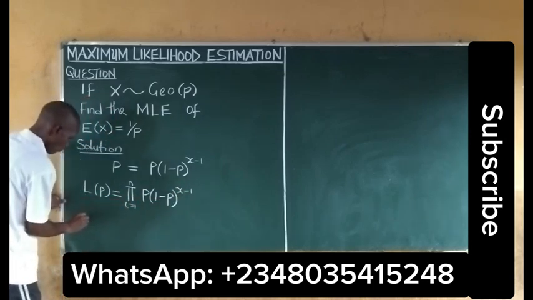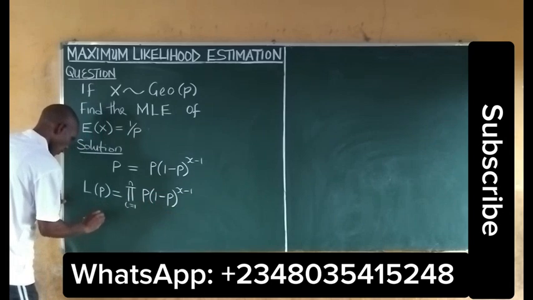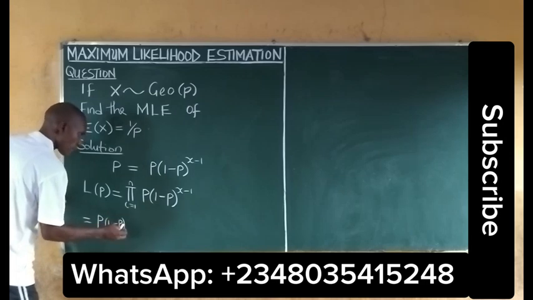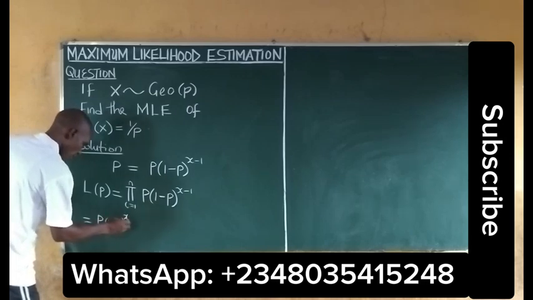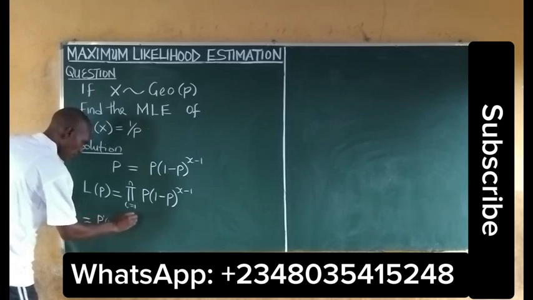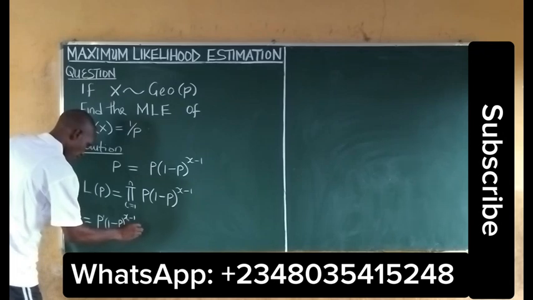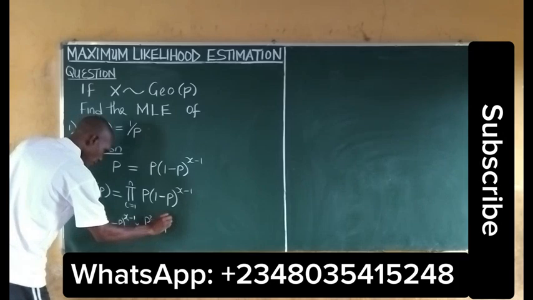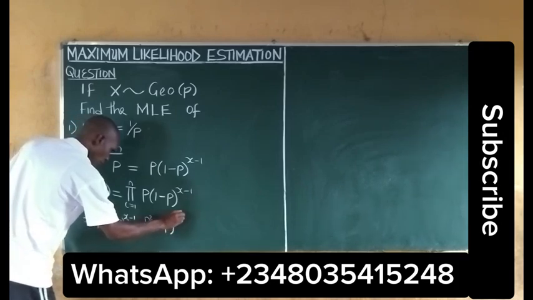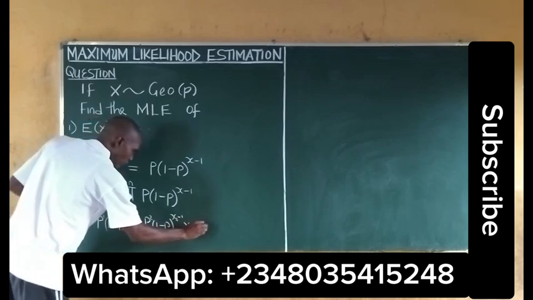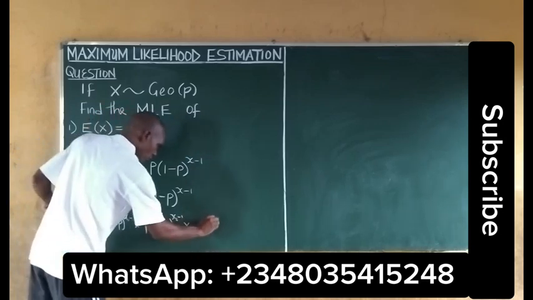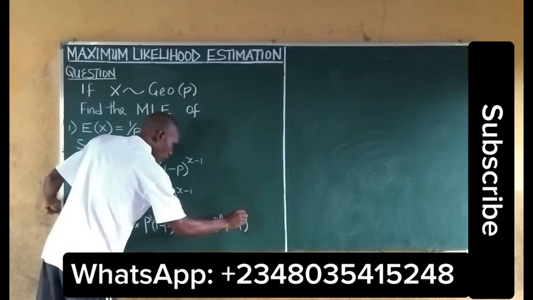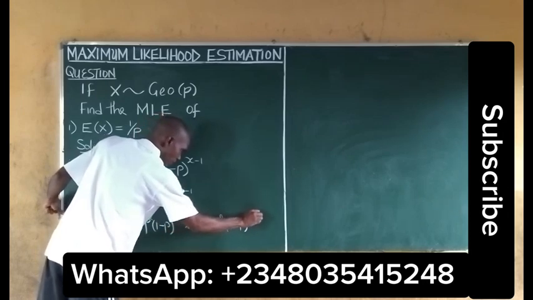So the product will be equal to p(1 minus p) raised to the power of x1 minus 1, multiplied by p(1 minus p) raised to the power of x2 minus 1, multiplied by, and it continues like that to give us p(1 minus p) raised to the power of xn minus 1.